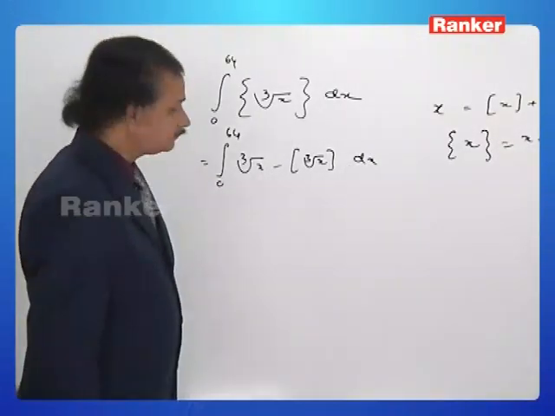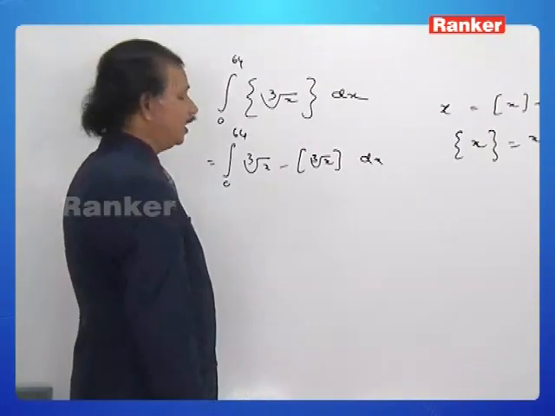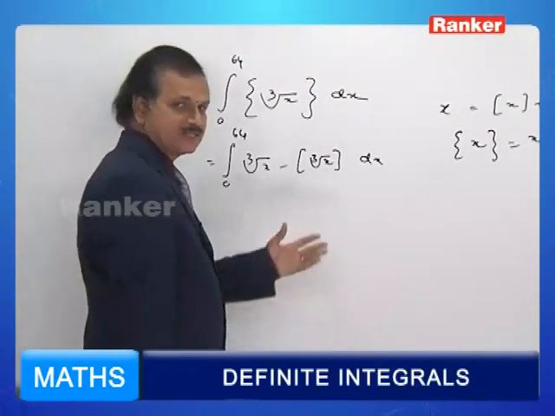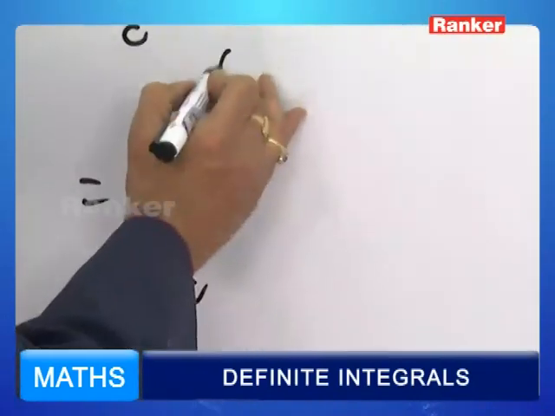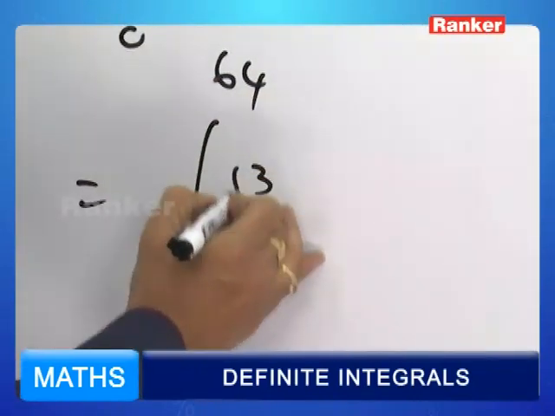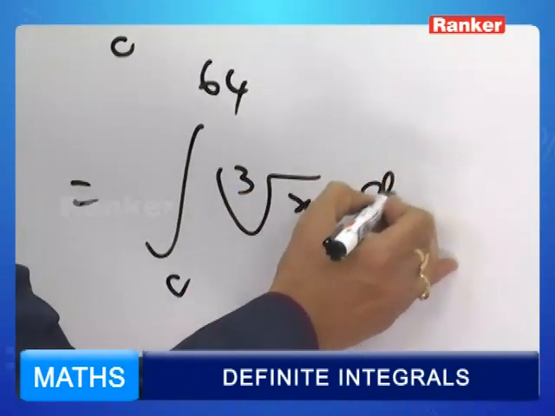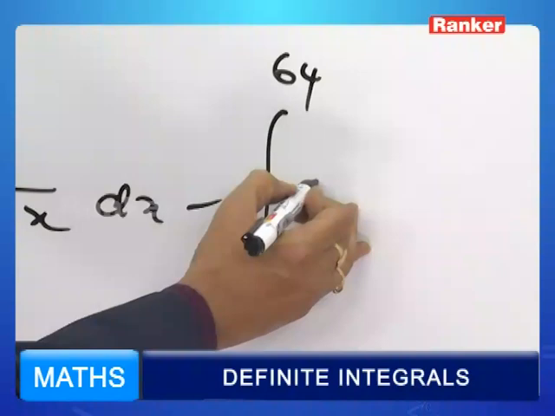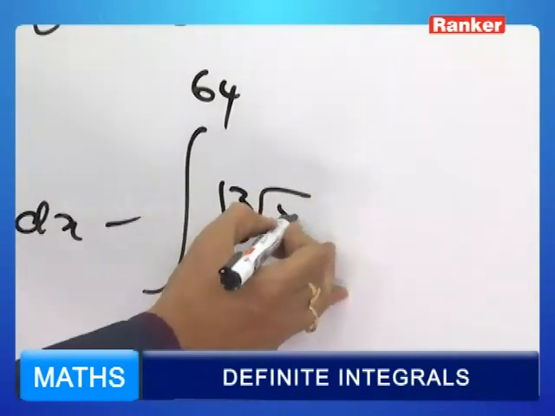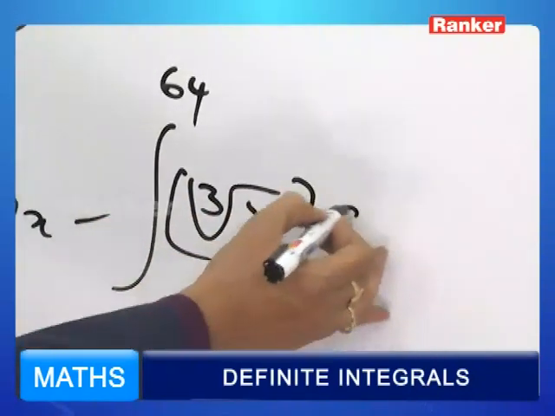Isn't it? Okay, now let me split this into two separate integrals. Integral 0 to 64 cube root of x dx minus integral 0 to 64 integral part of cube root of x dx.